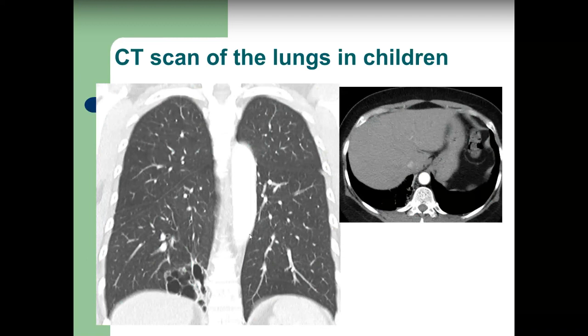This is intralobar sequestration of the right lower lobe. You can find a cystic zone in the right lower lobe that is not connected with the tracheobronchial tree, but it is fed by an anomalous vessel from the aorta.